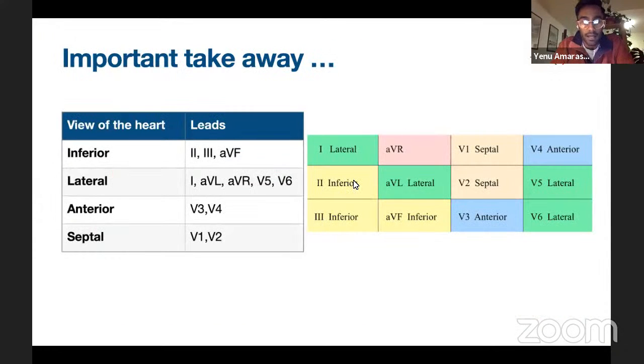And most commonly, lead 2, 3, and AVF, which is the inferior portion of the heart, and the lateral leads 1, AVL, 5, and 6 tend to be the culprits for the most commonly affected areas. But that said, it wouldn't be uncommon to have a pathology or an infarct in the anterior or septal regions.